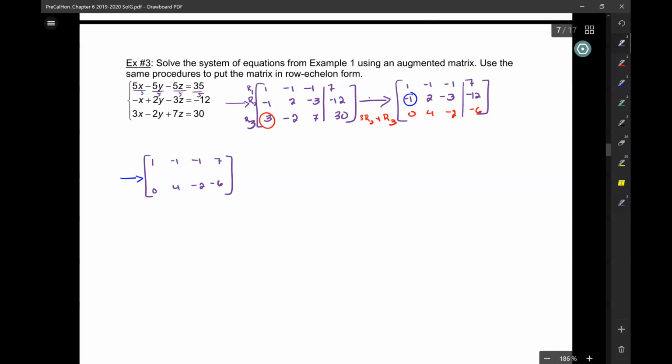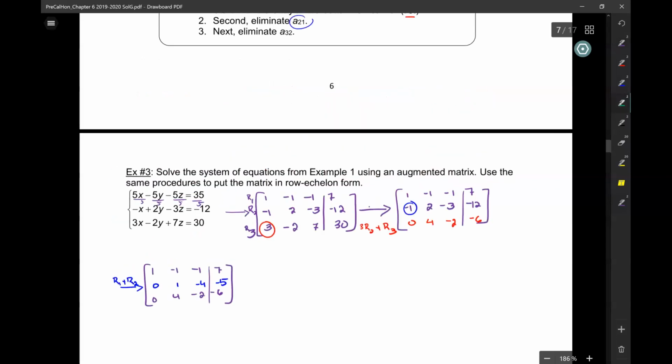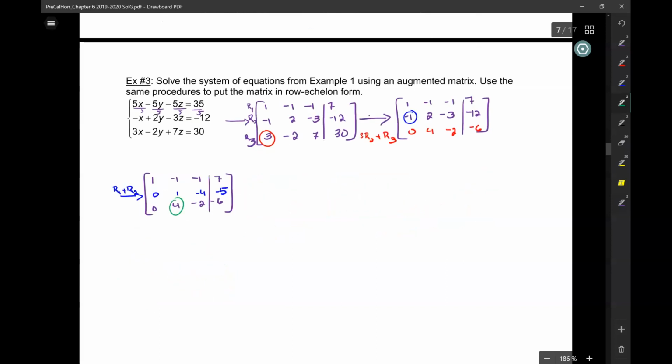Again, please write down what you did so you can go back. So we're just going to do row 1 plus row 2. 0, 1, negative 4, negative 5. Next, I need to get rid of this one, A32, this guy. Okay, copy everything else.